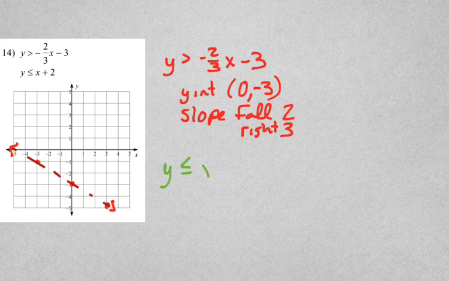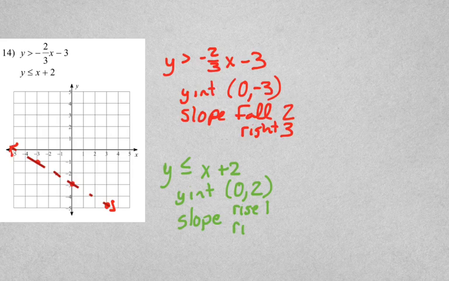Y is less than or equal to x plus 2. So my y-intercept is 0, +2. My slope has a rise of 1, right 1.